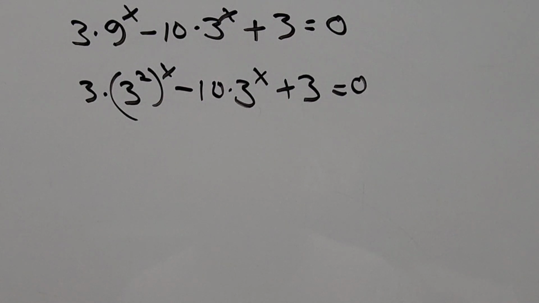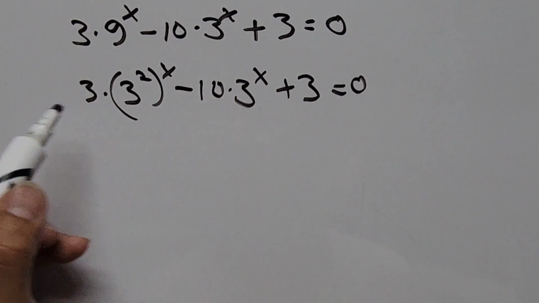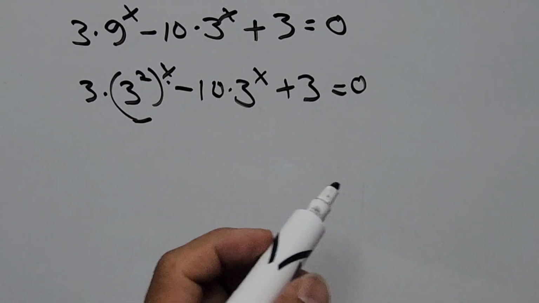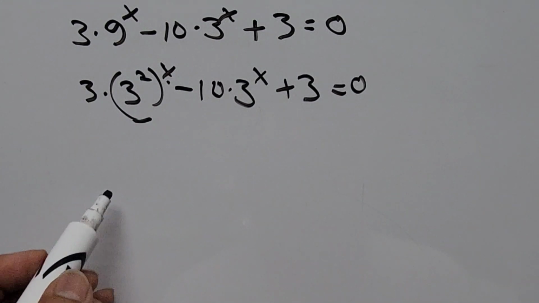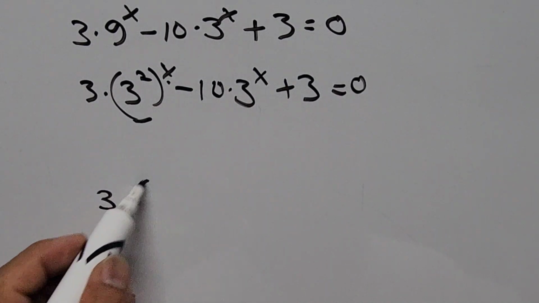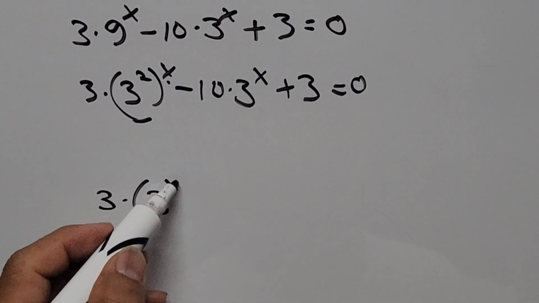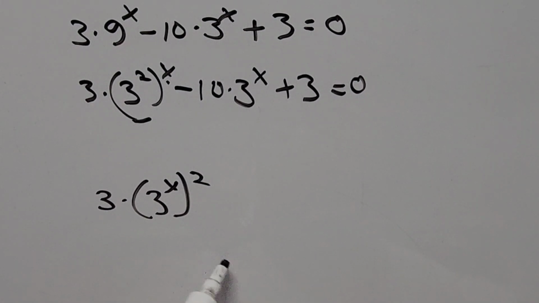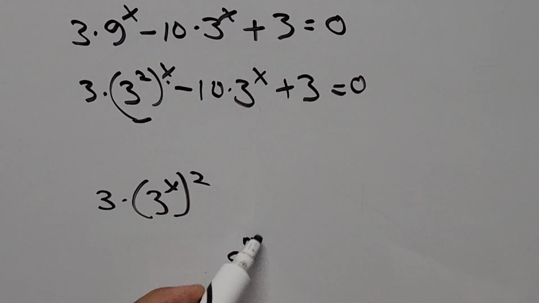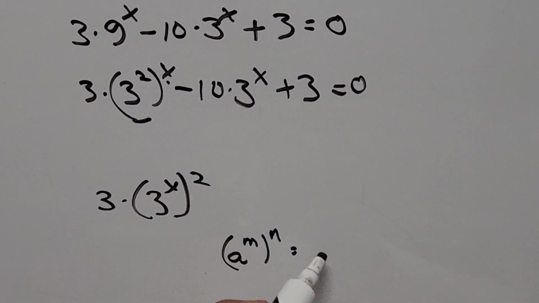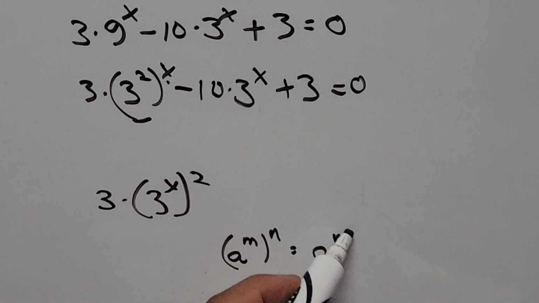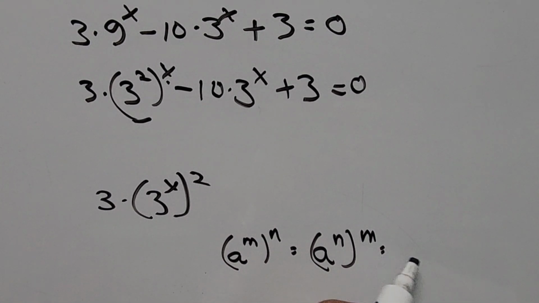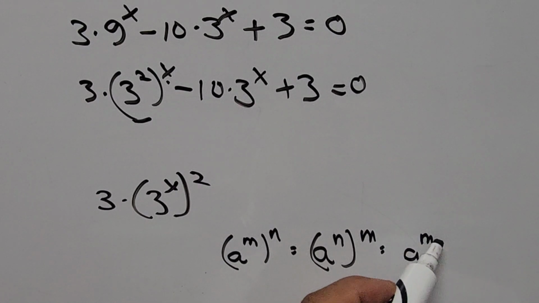So we focus our attention on the first term. Those numbers in the parentheses and the exponent, we have exponent x. This can be written the same way as 3 times 3 to the power of x to the power of 2. It's from the exponent power rule: a to the power of m raised to the power of n equals a to the power of n raised to the power of m, which is equal to a to the power of m times n.